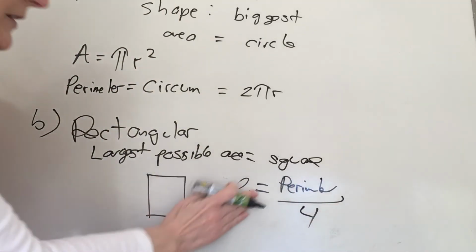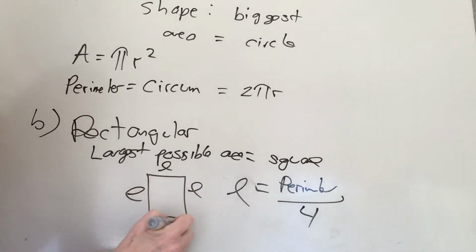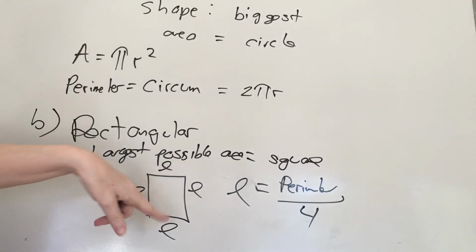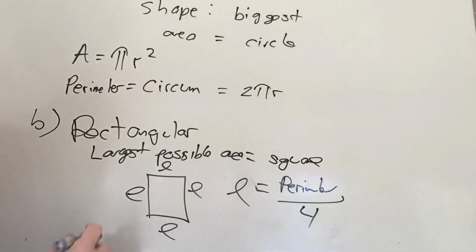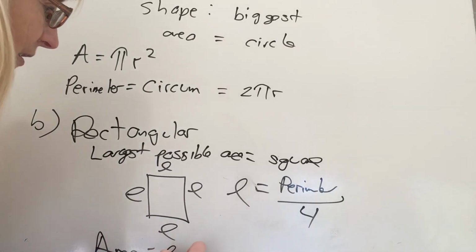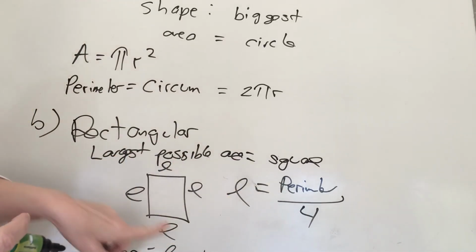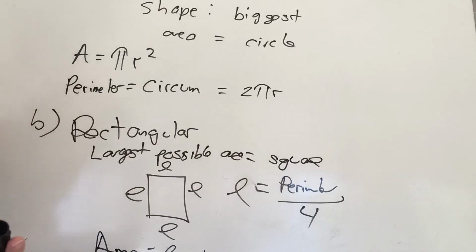So that's supposed to be the L, you guys. These are all L's, right? Because it's a square. So you would find the length by just taking the perimeter divided by 4. And what's the area of a square, you guys, or a rectangle? It's just length times width, which in this case is the same thing. So whatever you get for this, you would just multiply that times itself, and you get the area.